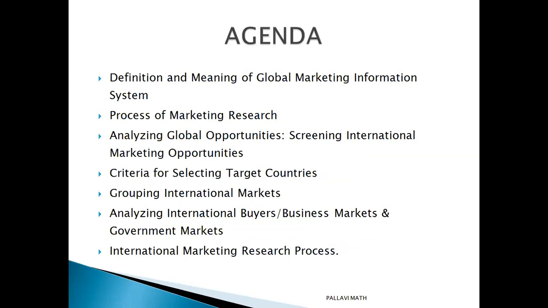Then we learn about the process of marketing research, very important. Next, analyzing global opportunities and screening international marketing opportunities, that is, how to capture the opportunities identified after doing the marketing research. We will come to know the opportunities in the international market.